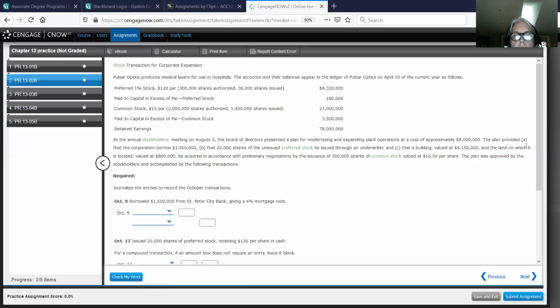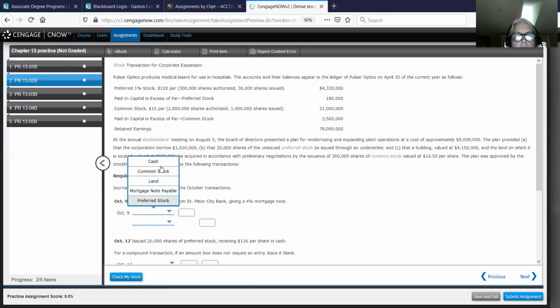So you'll remember in plan A, the corporation was going to borrow $1,500,000. So this actually happened on October the 9th. And we're borrowing money, so we're going to be receiving cash of $1,500,000. When our cash is received, cash is increased.